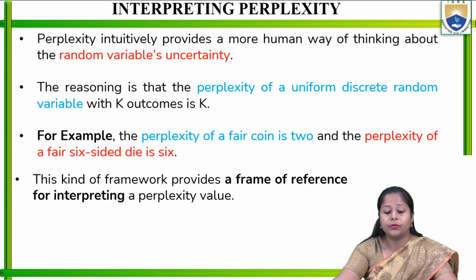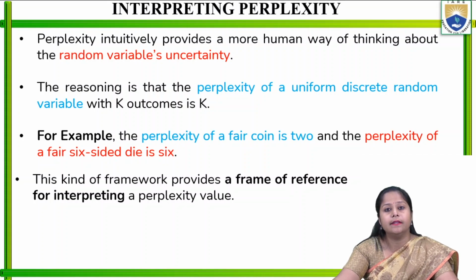The perplexity of a uniform discrete random variable with K outcomes is K. For example, the perplexity of a fair coin is 2, and the perplexity of a fair 6-sided die is 6.